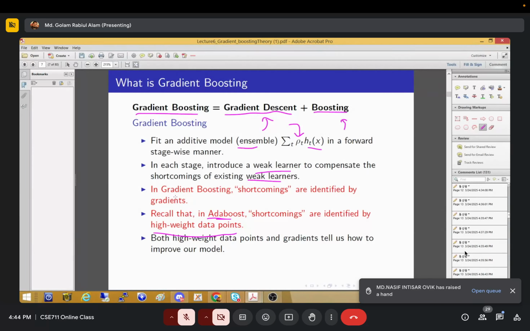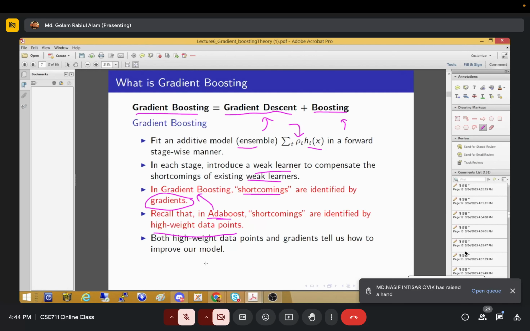But here is the difference between AdaBoost and gradient boosting. In gradient boosting, the shortcomings are identified by the gradient. Okay, by the gradients, instead of identifying shortcomings and then increasing the weights. The gradients will do the same thing as in AdaBoost. We will determine the gradients, and then the gradients will do the same thing.